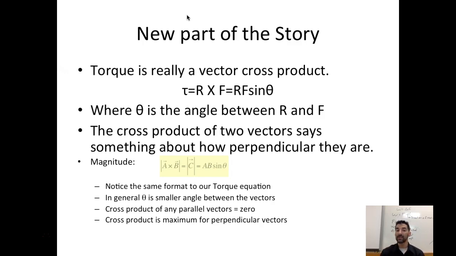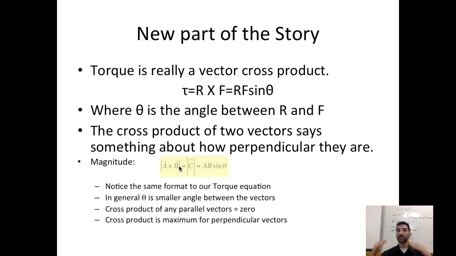So some things about this torque equation that I'd like you to know, or this general format equation, I should say, is our A cross B equals C. First of all, I just have all magnitude, so we know it's easily positive just to start. We know it's the same exact format where torque would be our C, R cross F is A cross B. In general, my angle is in between my R and my F. It's going to be a smaller angle because we have to pick which angles they are.